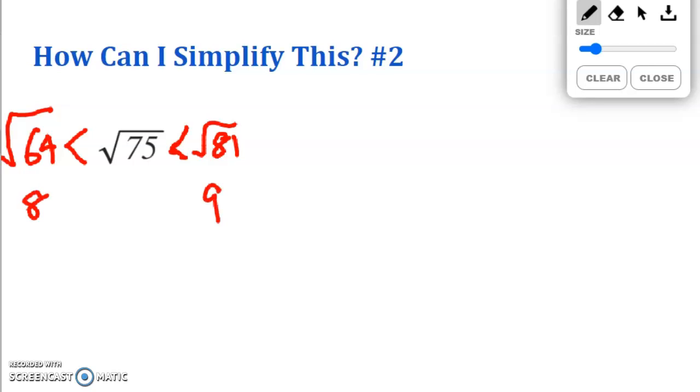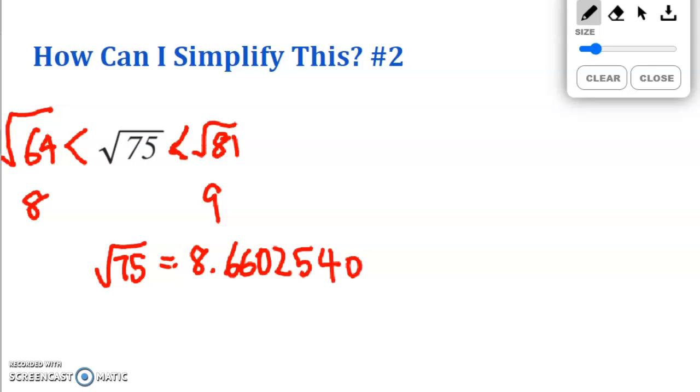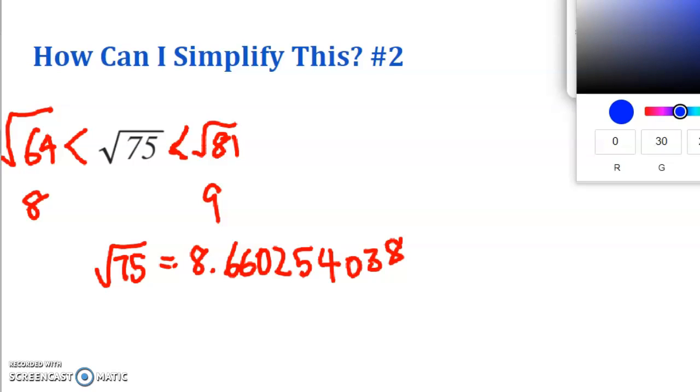And if I actually use the calculator, you get square root of 75 is equal to 8.660254038, and it goes on forever. If I have a more accurate calculator, it will give me more digits.